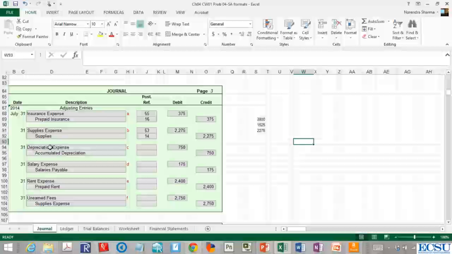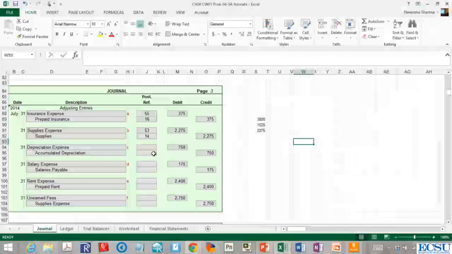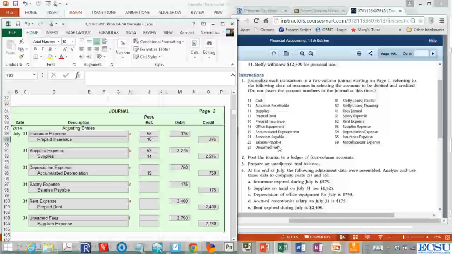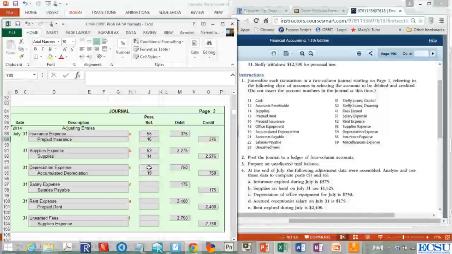So let us find out the depreciation expense. Accumulated depreciation was 19, so I'll write 19 here. And then depreciation expense was 54, so let me write 54 here.